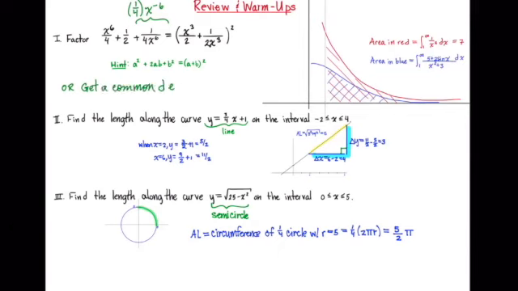Numbers 2 and 3 on these warm-ups, they look like maybe they're a little bit challenging problems until you realize that we can approach these geometrically. To find the length along the curve y equal to 3/4 x plus 1, well, this is a line. And we know the Pythagorean theorem tells us that the length of this line, a squared plus b squared, is equal to c squared.